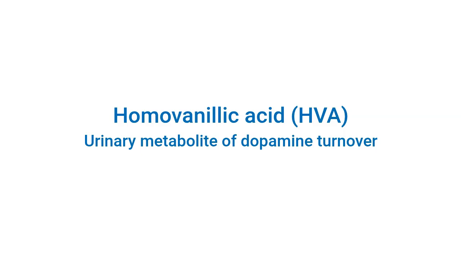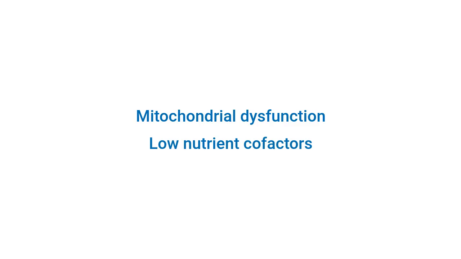To assess dopamine metabolism, the OAP includes homovanillic acid, or HVA. Low levels of HVA may indicate reduced dopamine synthesis, which could be tied to mitochondrial dysfunction or low nutrient cofactors like tyrosine, B6, or iron.